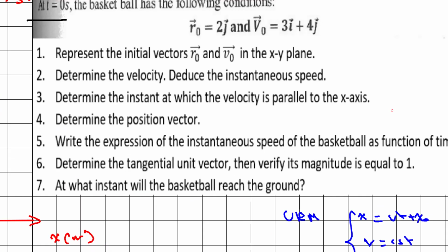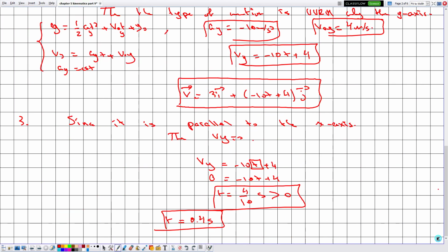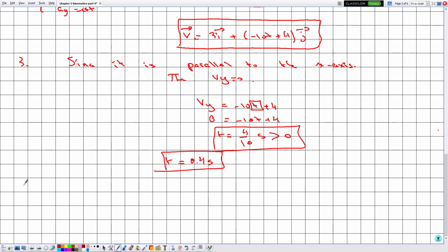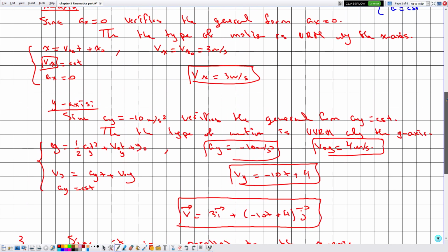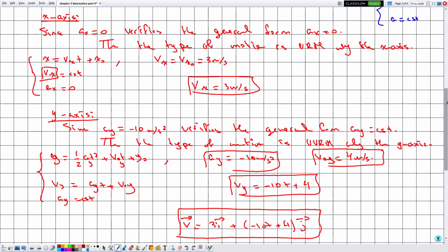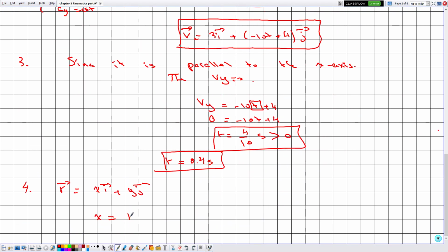Now in part 4 they are telling me to determine the position vector, which is by definition given by r = xi + yj. The expression of x is given by vx t + x0, knowing that vx is equal to 3, and as for x0, if you refer to the initials, it is 0, so x is 3t.